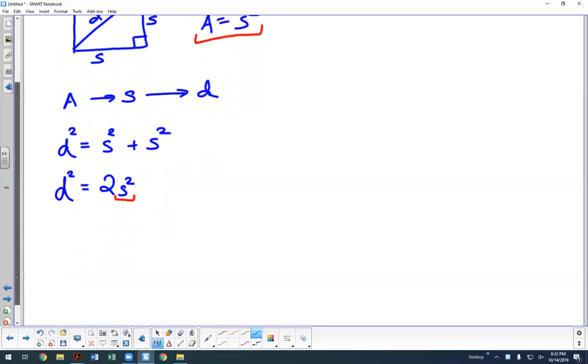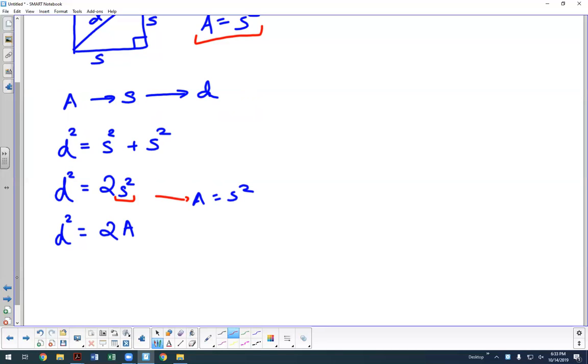Let's get this guy down. Okay. So this is where we're actually going to replace our S squared in terms of A. Remember here the relationship we're using is A equals S squared. Now, this is asking us to write A in terms of D. So what do I do to clean this up?